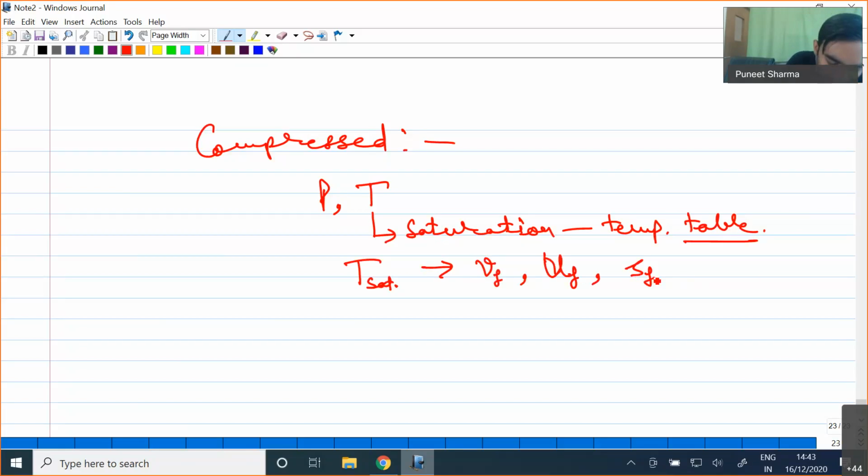While calculating the enthalpy, enthalpy is equal to U plus P into V.